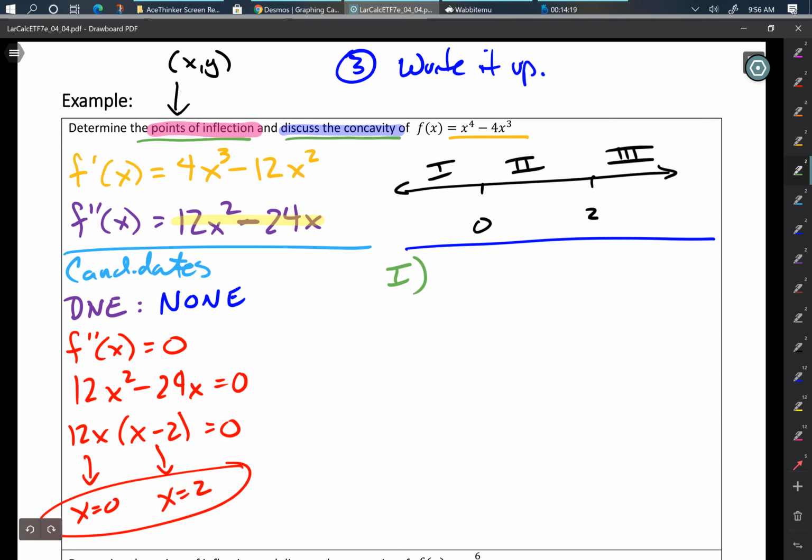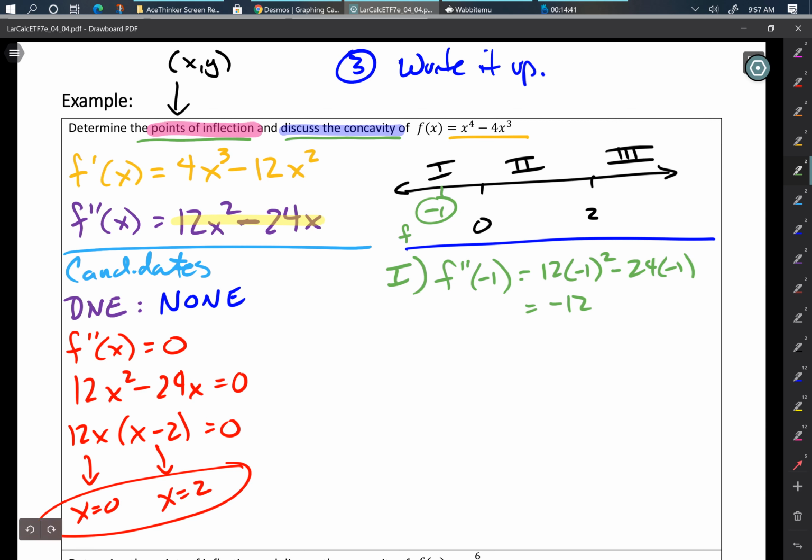So interval number 1. A point on interval number 1, I'm going to use -1. I'm going to find out what is the value of the second derivative at -1. So that is going to be 12 times (-1) squared minus 24 times -1. Let's see, that's going to give me 36.... Actually, that gives me -12. So the first interval is going to have a negative value.